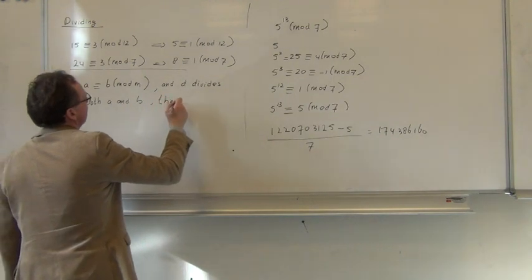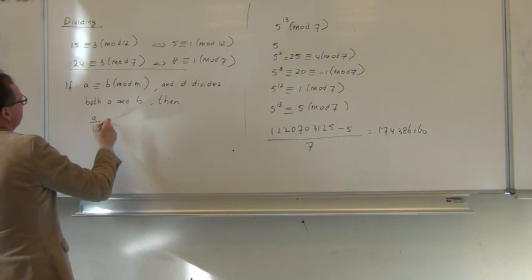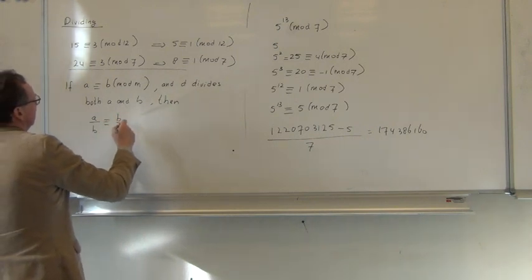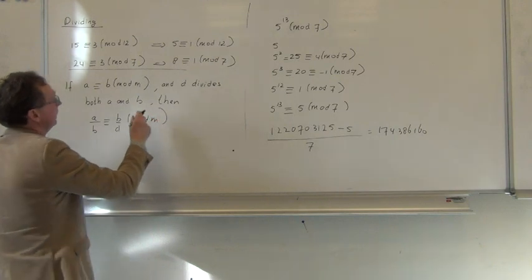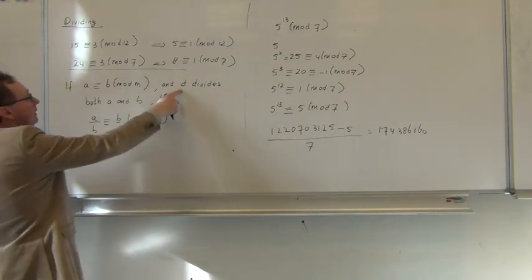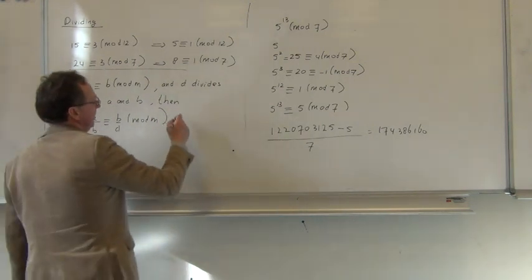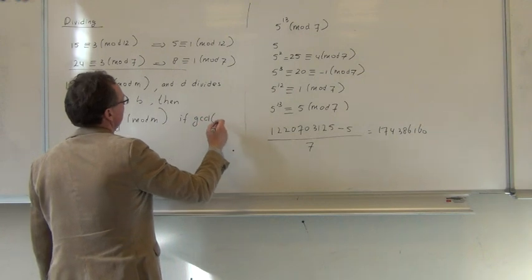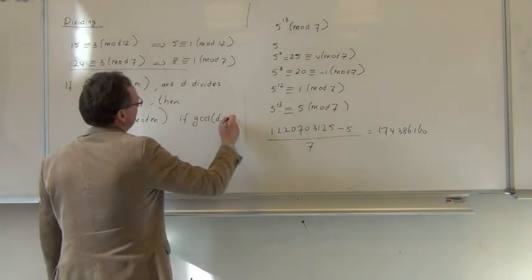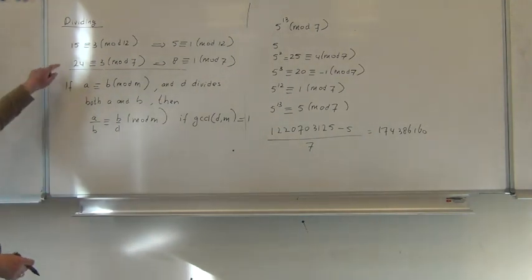Then you can say that A over D is congruent B over D modulo M, but there must be this condition, only if D and M are relative prime, if the GCD of D and M is 1. So that's what we saw in this example.